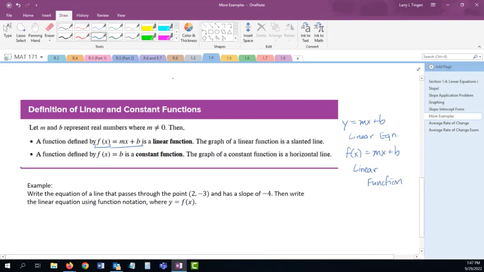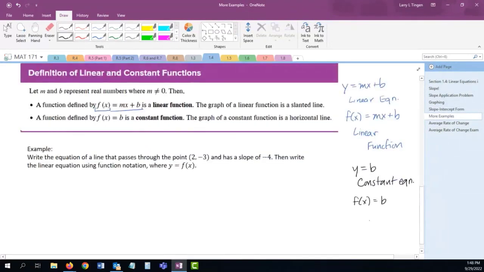Same thing for the constant there. Y equals some number. This is a constant equation, and f of x is equal to b is a constant function.